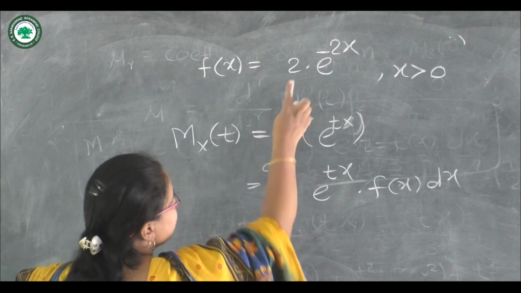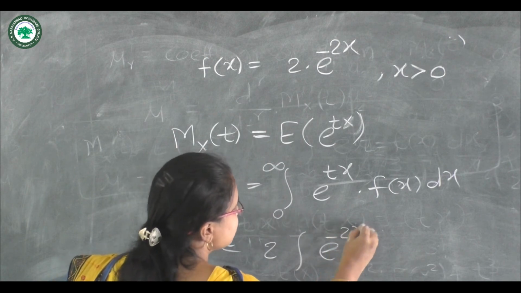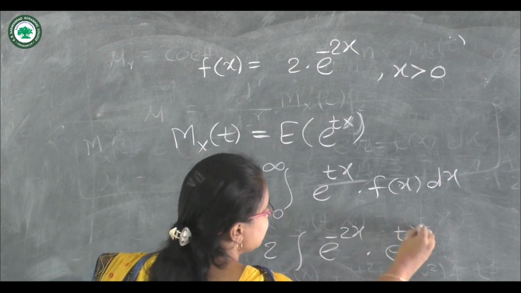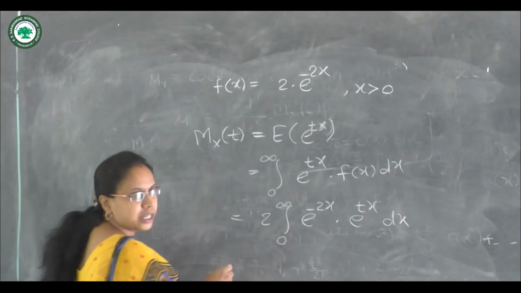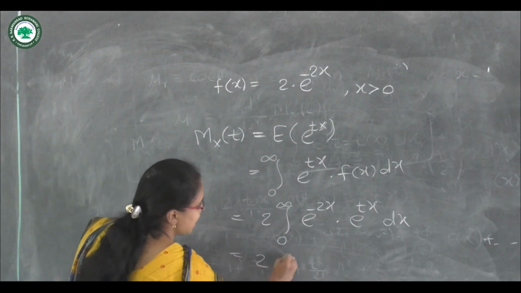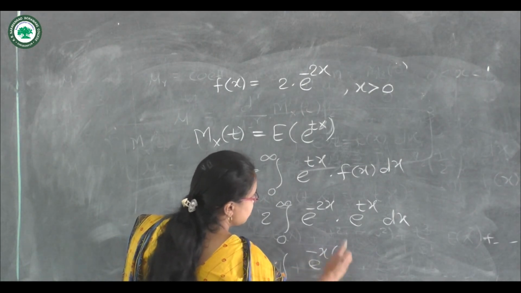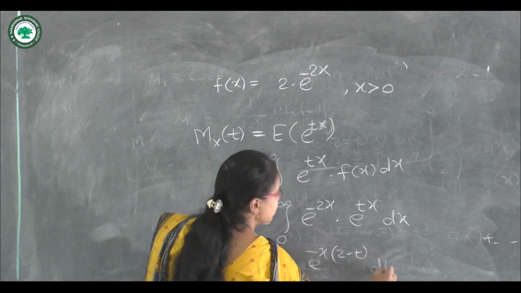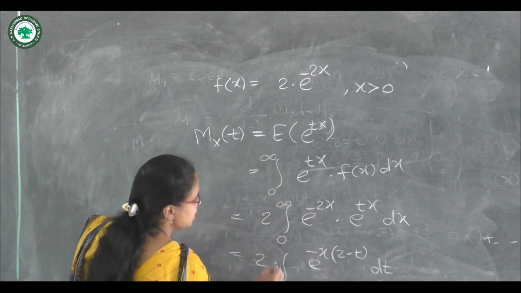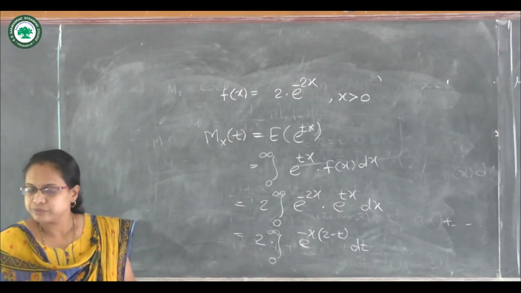So this 2 will get outside: e raised to minus 2x into e raised to tx dx. Here we can write it as e raised to minus x into bracket 2 minus t. I have just taken the minus x as common.